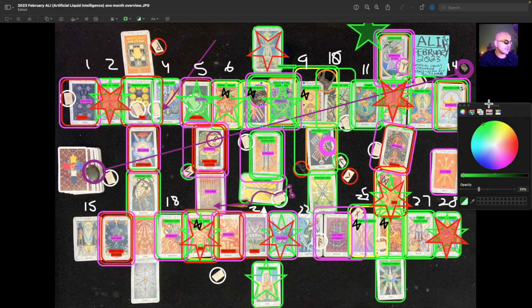Does ALI's highest price level of February 2023 take place on February 19th, 2023? Yes. All right, there you have it.